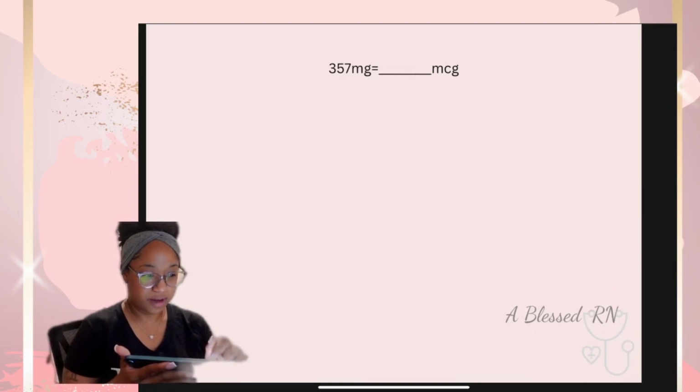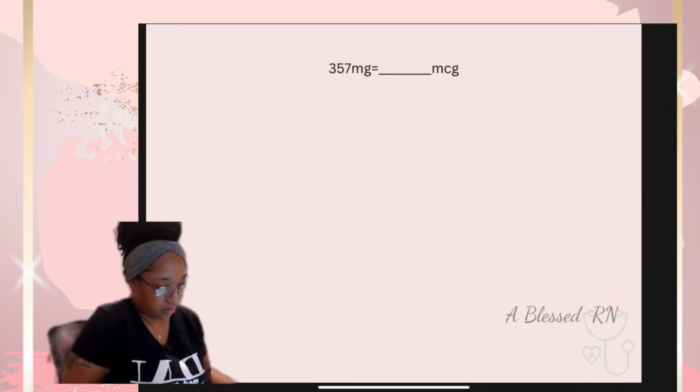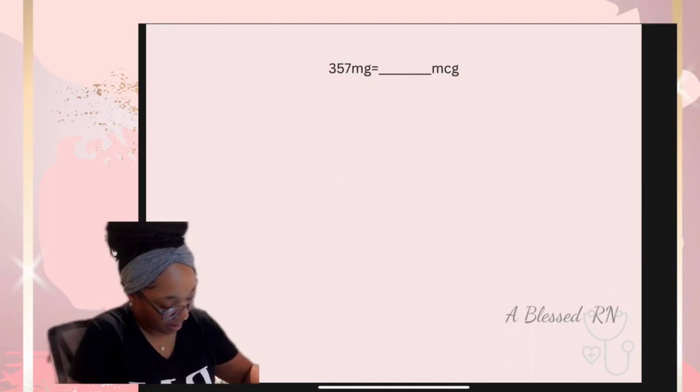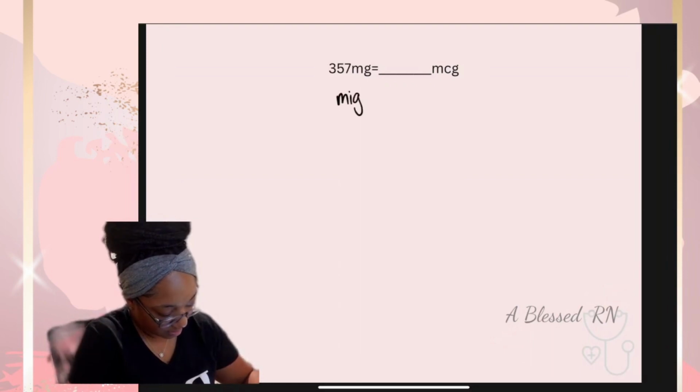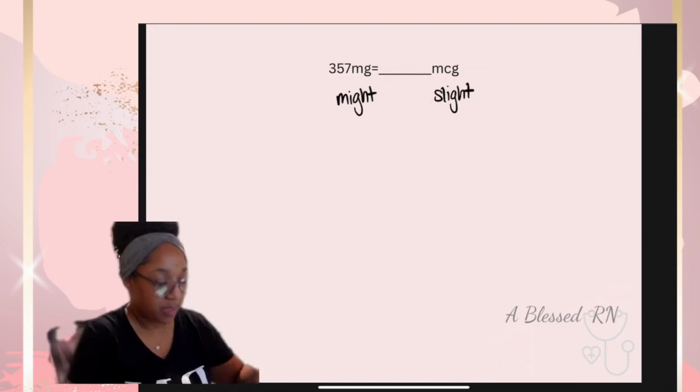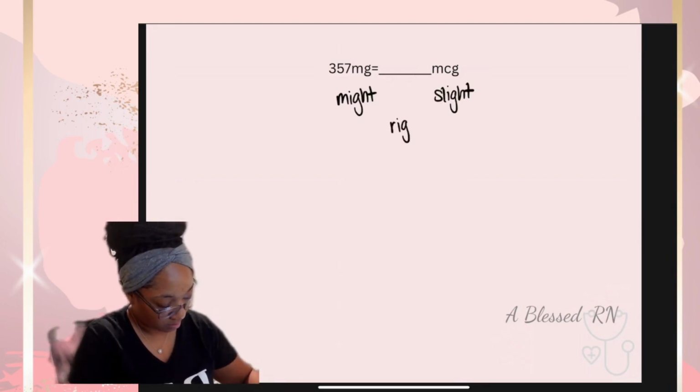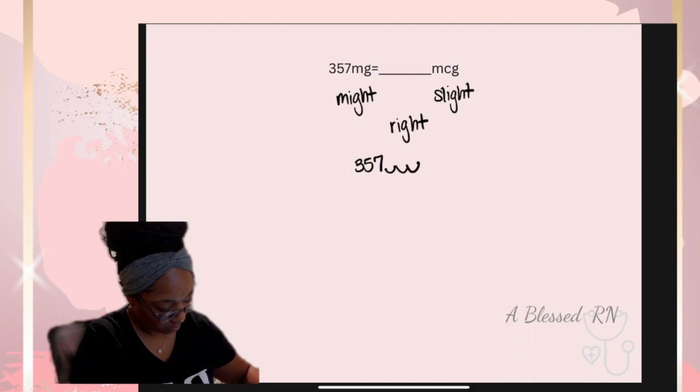A milligram is bigger than a microgram, so we're going three decimal spaces to the right, okay? That's your decimal spaces: 1, 2, 3.